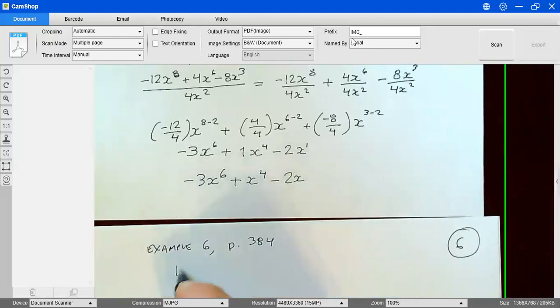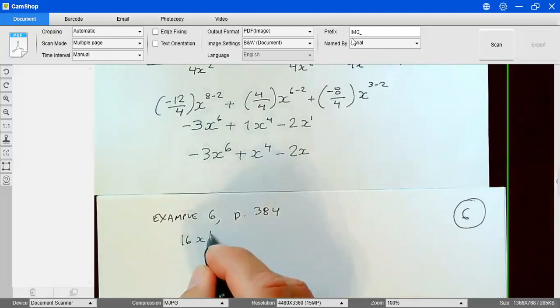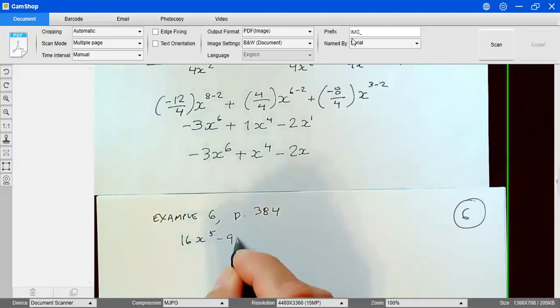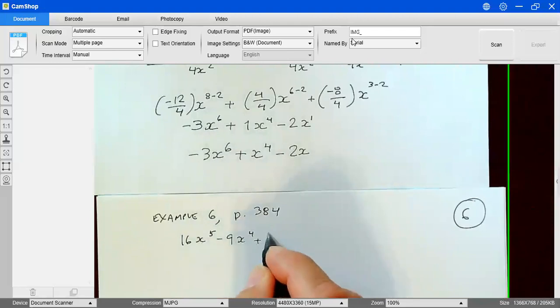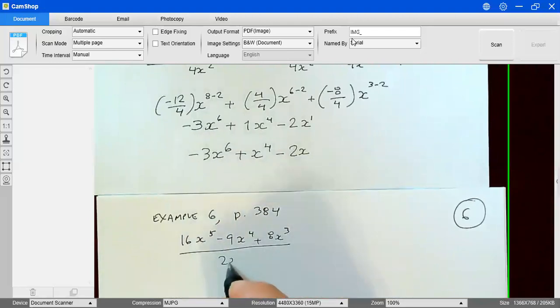So we have 16x to the 5th minus 9x to the 4 plus ax cubed over 2x cubed. So we are working example 6.